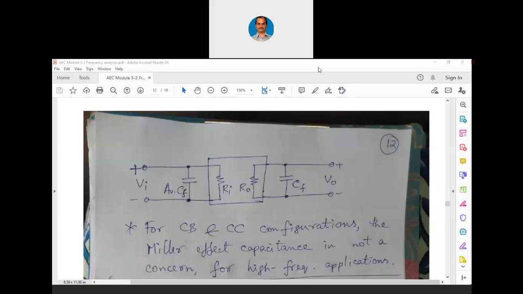Can anybody tell me? I have 33 students here. I hope all of you are listening. At least make an effort. Why in the common base and common collector configurations is this Miller effect capacitance not a concern? You can put your answer in the chat box also.